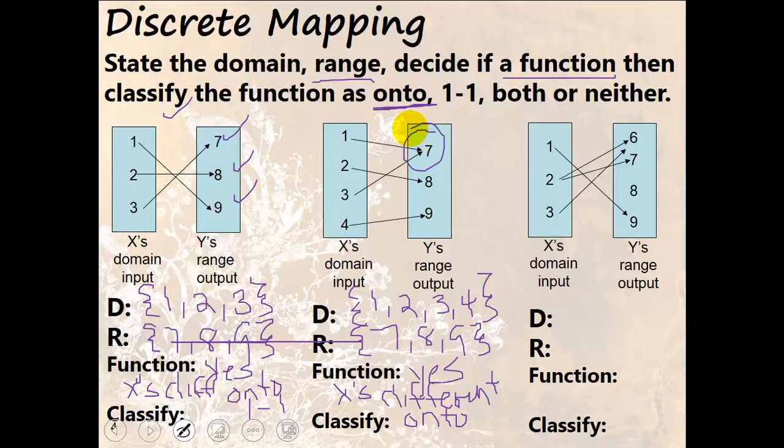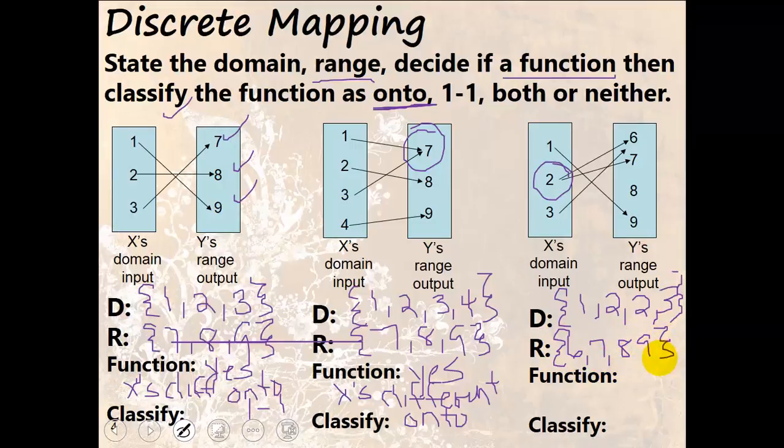This third example, I have 1, 2, 2, and 3. See how there's 2 lines coming out of the number 2? All right, you don't have to write both of them, but in the beginning it makes it helpful for you to see. The range is 6, 7, 8, and 9.